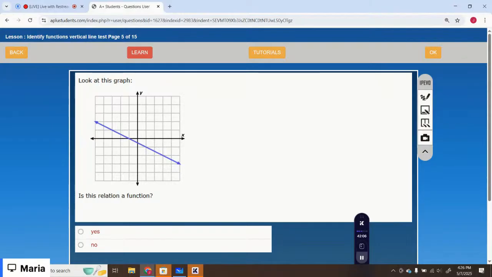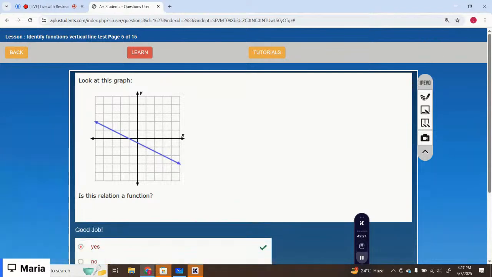Look at this graph. Is this a relation or function? Yes, that is a function.